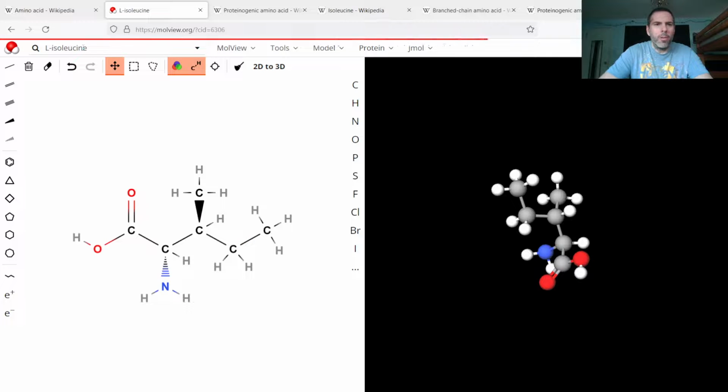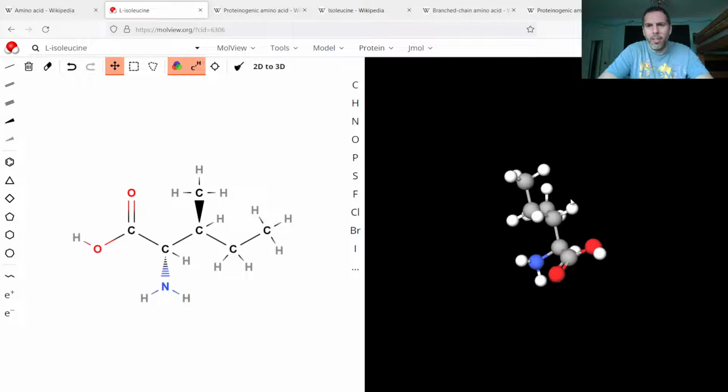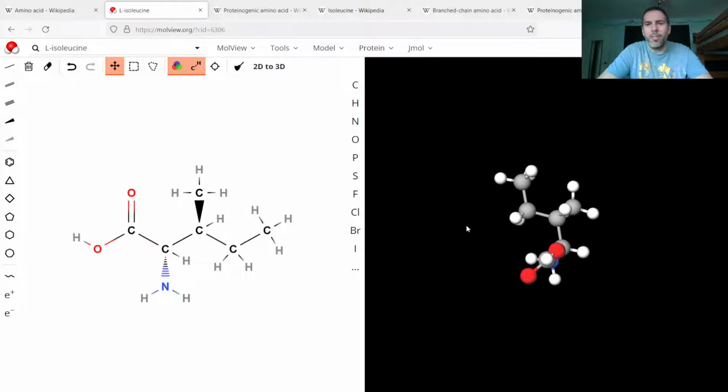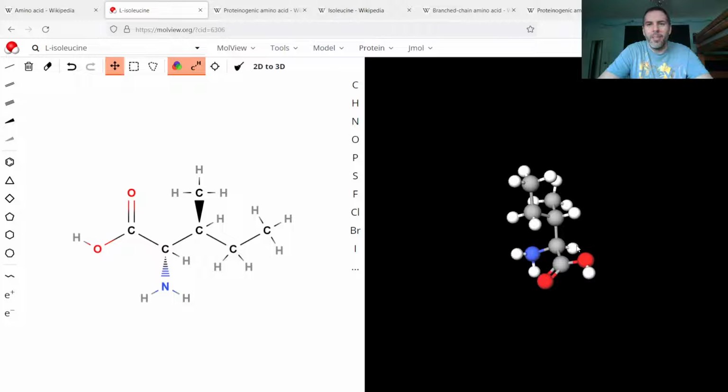Let me just search for it to bring up the actual isoleucine molecule, left-handed again. Right here is the alpha carbon, amino group, carboxylic acid group, or carboxyl group. And then here's the side chain of 4 carbons. I already searched for it, but you can see it here on the right side.